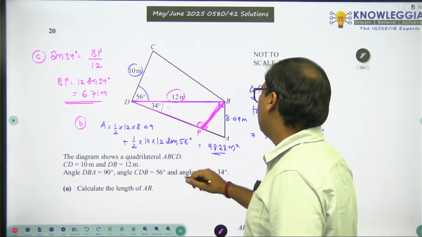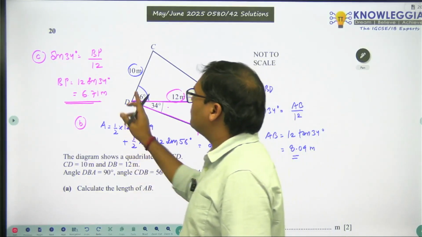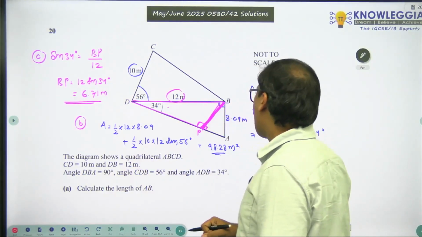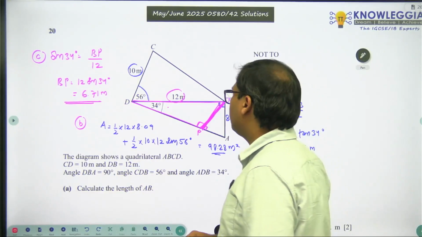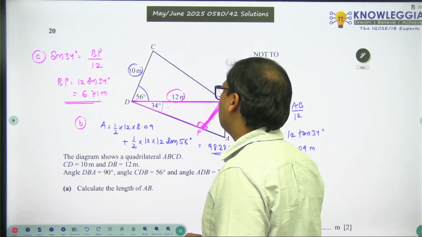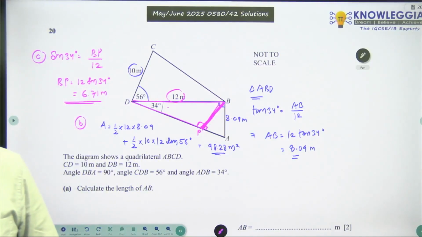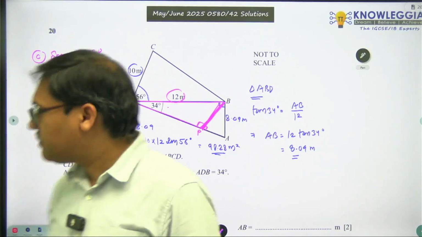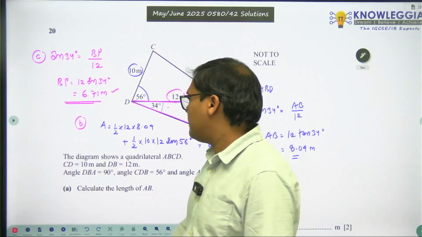Sine 34 is equal to the opposite, which is this, over the hypotenuse, 12. So 6.71. This is the correct answer.